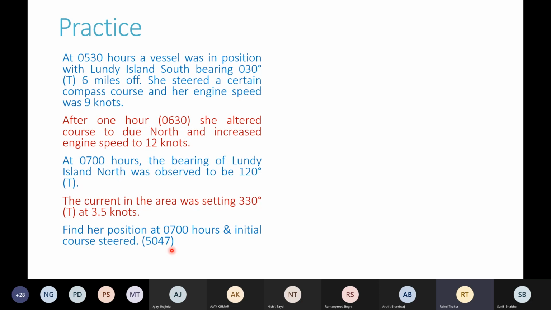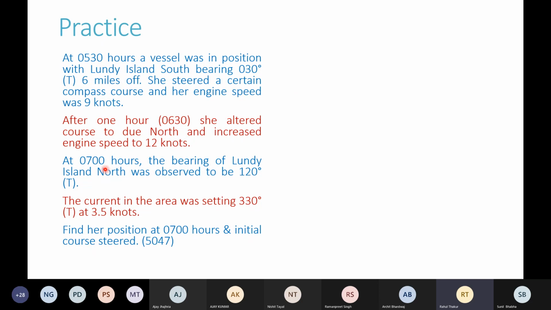So we will just have that part of the chart displayed on the screen here, and we will try to proceed following the method which we just now discussed. As you can see, they have given us the passage from 0530 to 0700. It's a 1.5 hour passage.